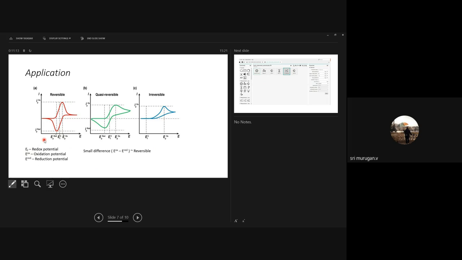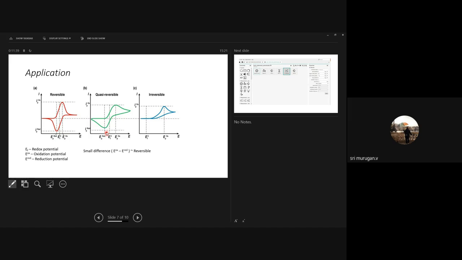From that we can conclude what kind of behavior it is, reversible or irreversible. We can easily find this: ERED is the redox potential, and EOX is the oxidation potential. If these two are very close, then we can call this a reversible condition.